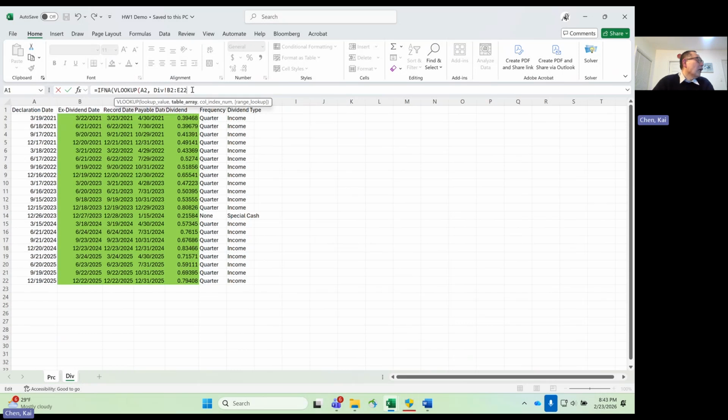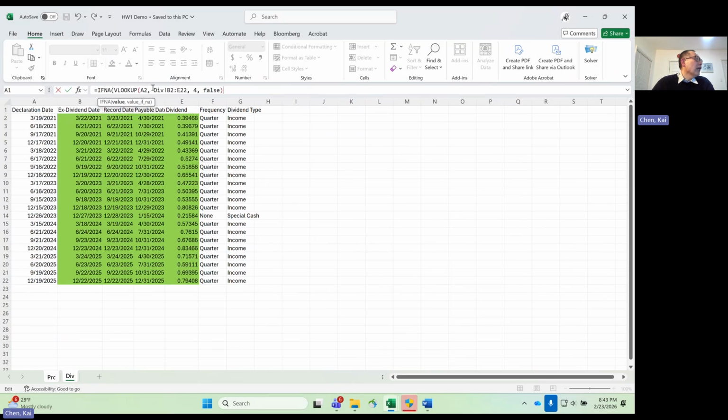Then we are going to take the data in column 4 in the range: 1, 2, 3, 4, column 4 in the range. And then FALSE. So this is our lookup function.